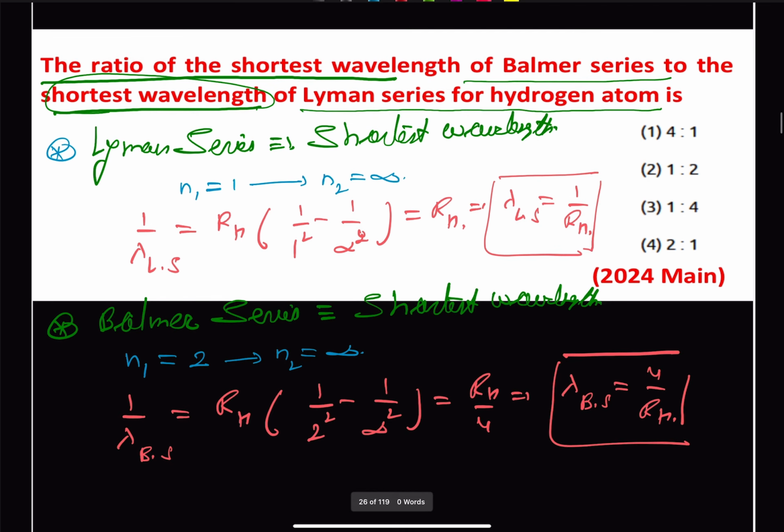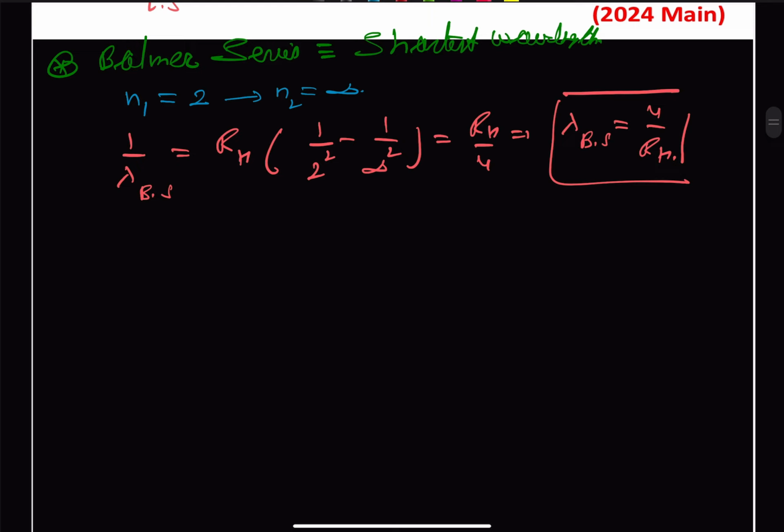So the ratio is for Balmer to Lyman. So we can write that our ratio is equal to Balmer series to Lyman series.